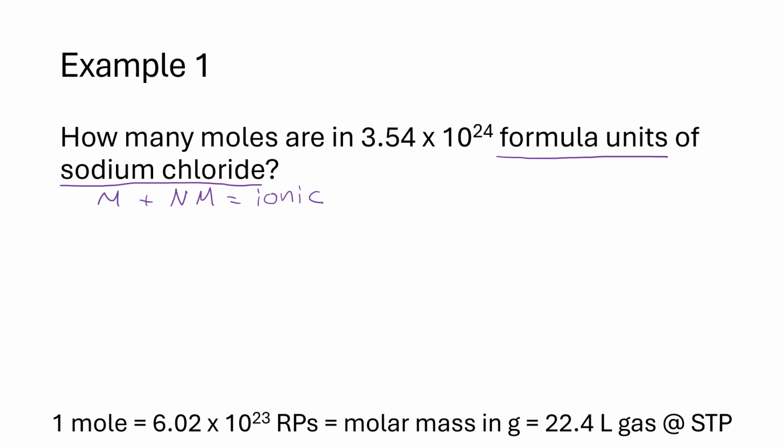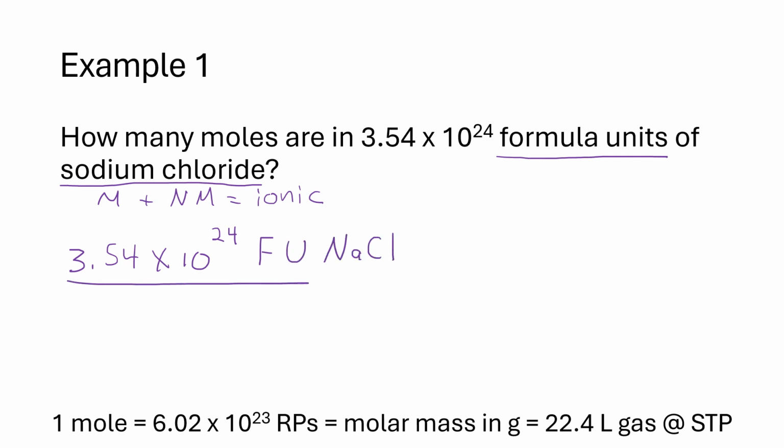So I'm going to start with the number, the unit, and the chemical that we were given. So I'm going to start with 3.54 times 10 to the 24th formula units of sodium chloride, and I'm going to stick that all over 1. And then we're going to multiply it by two things off that mole triangle.